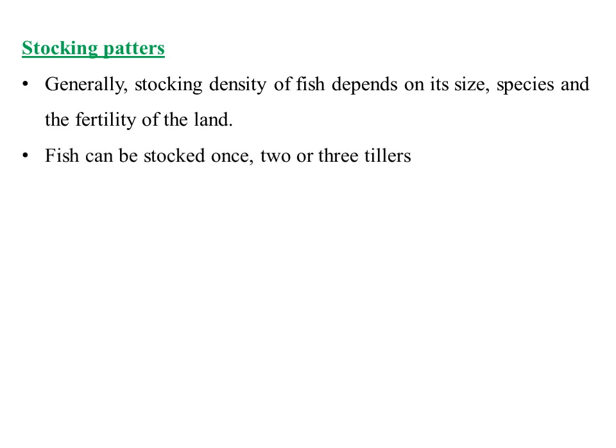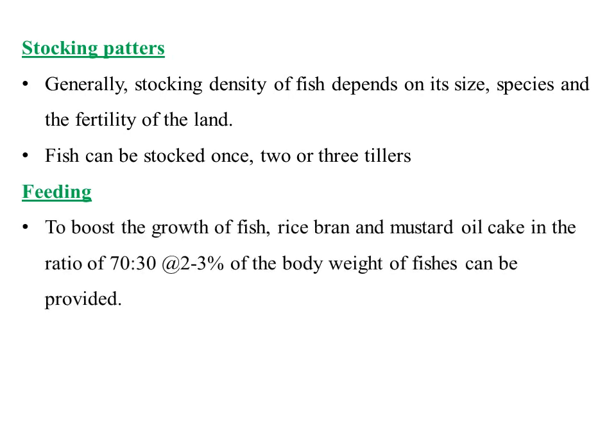The fish can be stocked once, twice or three times. To boost the growth of the fishes, we can provide rice bran and mustard oil cake in a ratio of 70 to 30, at a rate of 2 to 3% of the body weight of the fish, as feed.